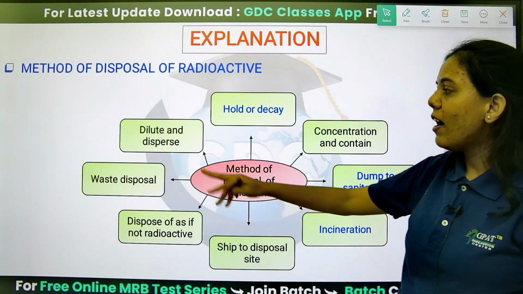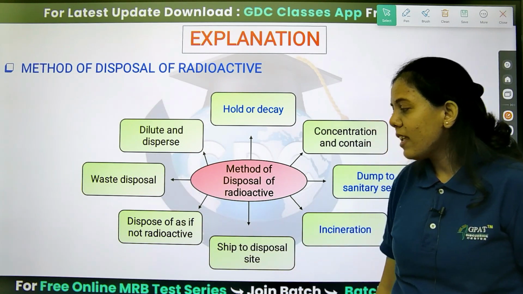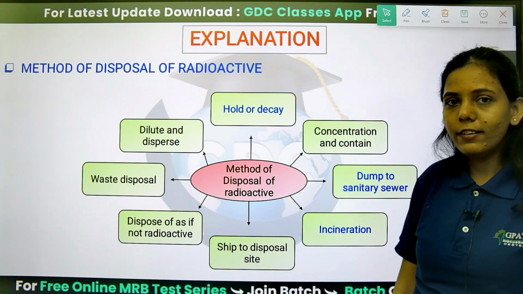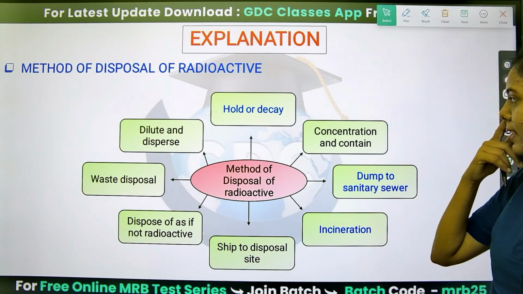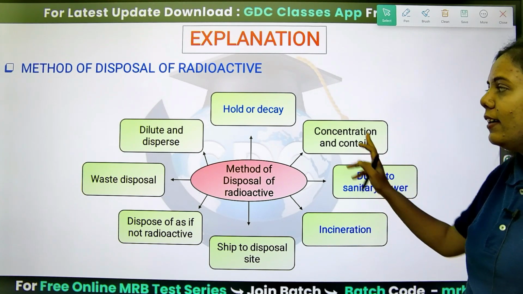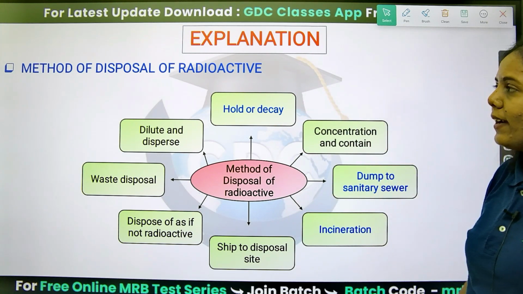Apart from that, you have dilute and dispose, waste disposal, dispose of as if not radioactive, ship to disposal site, incineration, dump to sanitary sewer, concentration and contain, hold or decay. So these are the methods for disposal of radioactives.